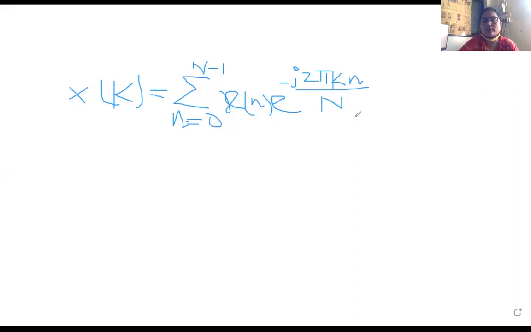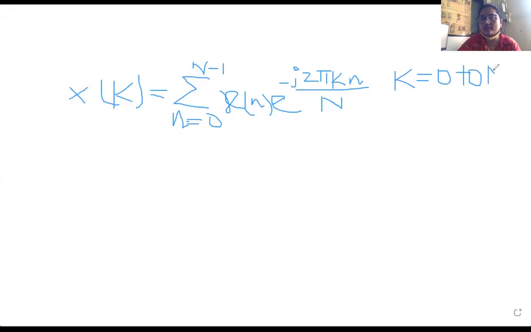This is the DFT formula, and it is applicable when the signal is discrete in time, because we derived this formula by sampling the signal in the frequency domain. So here k varies from 0 to N minus 1. So this is the entire formula.